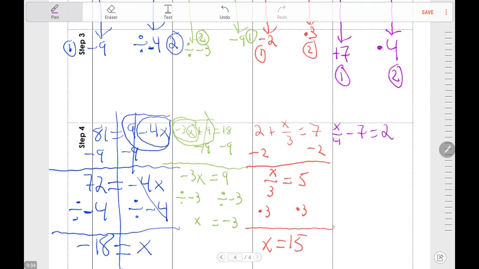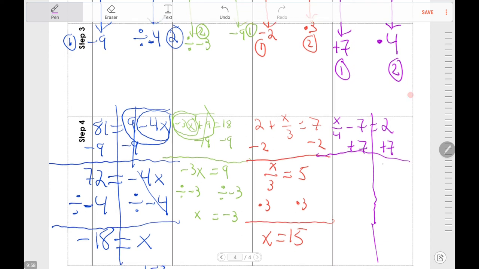And let's keep going. What was the first thing we were going to do? Do you know it? You probably know it. I'm going to tell you right now. Plus 7 to both sides. So, what's 2 plus 7? 2 plus 7 is 9. We got x over 4 equals 9.